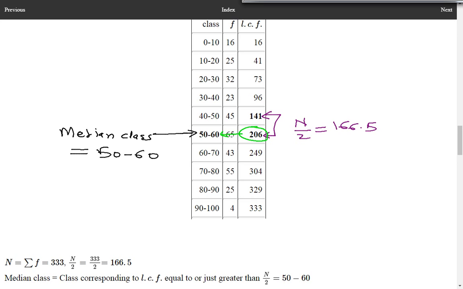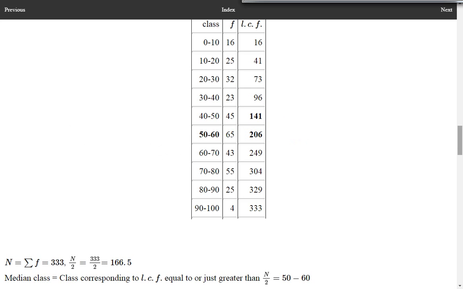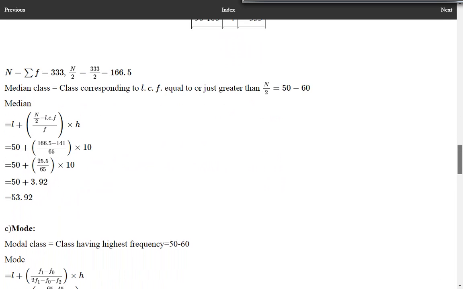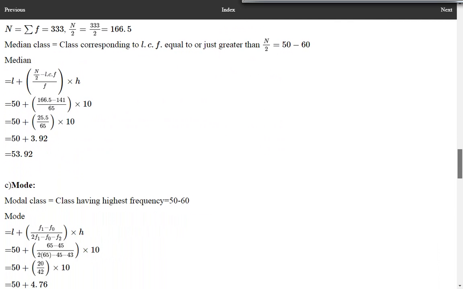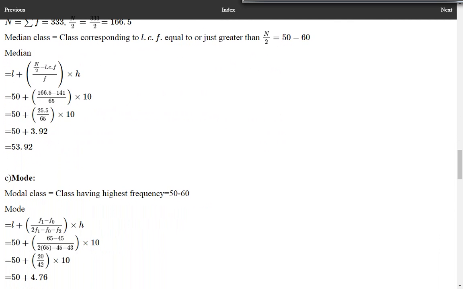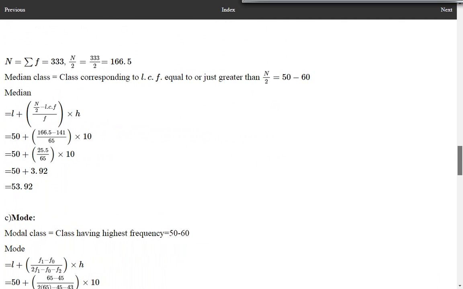Now, in the final step, we have to use the formula for median. To find the median, we have to use this formula. The median class is 50 to 60.